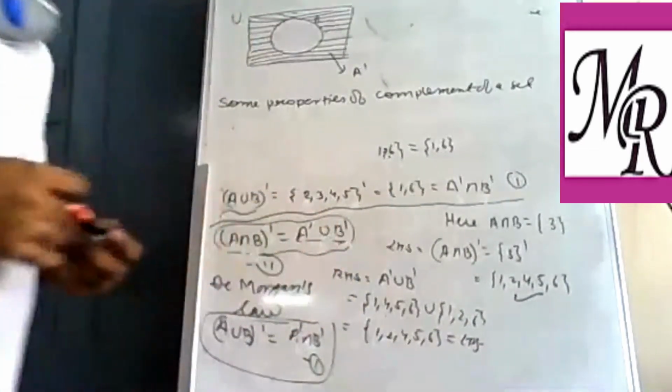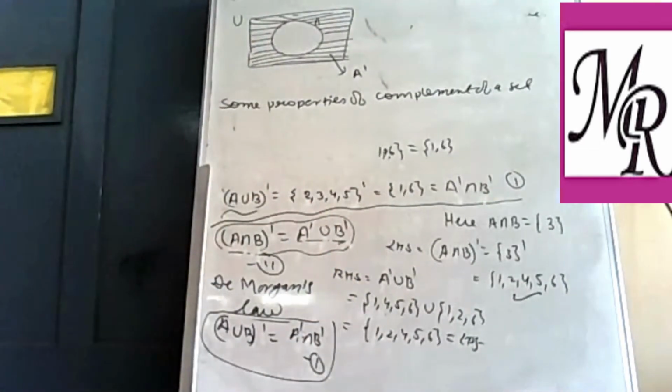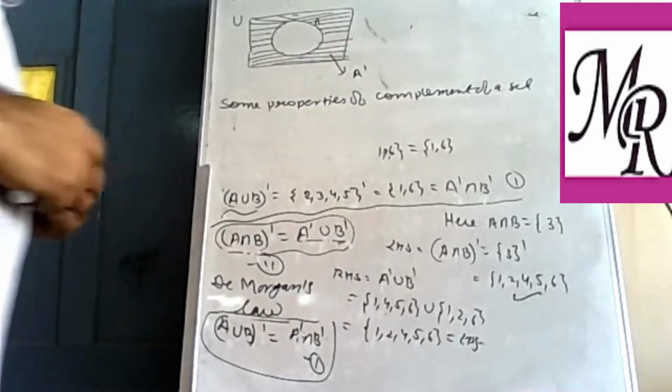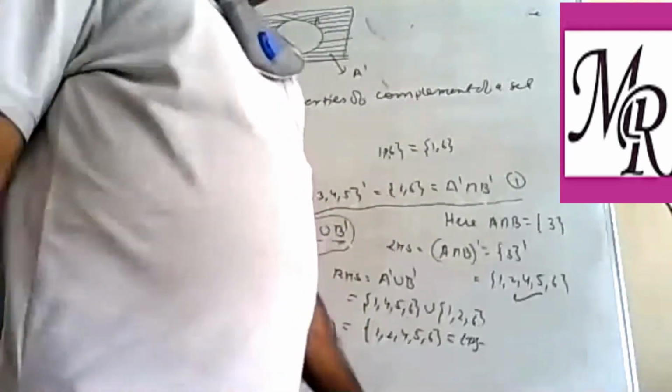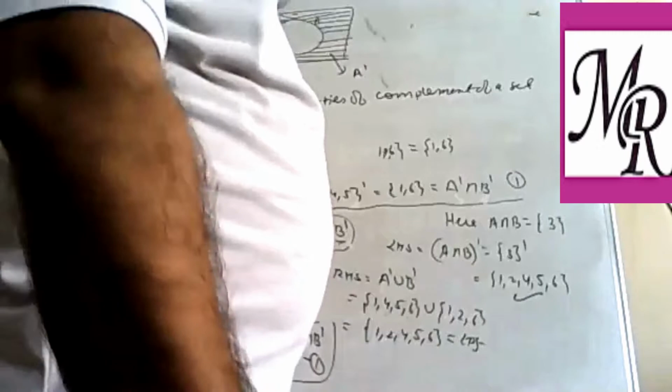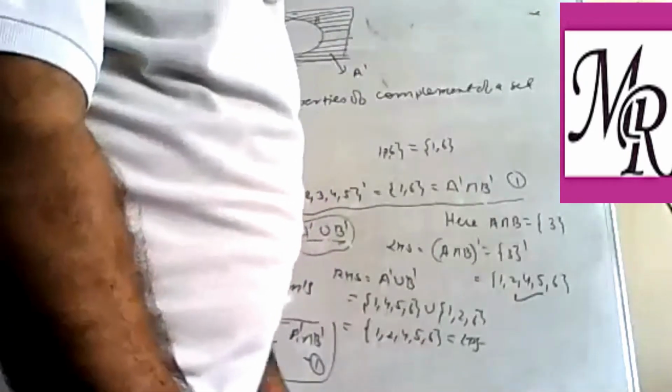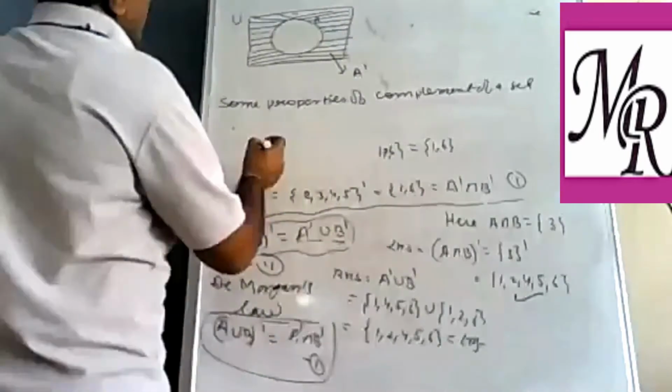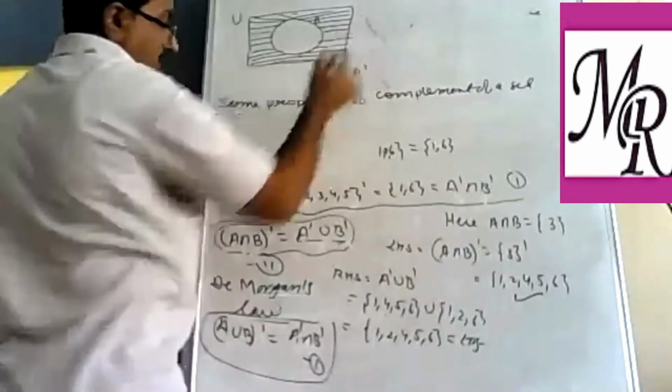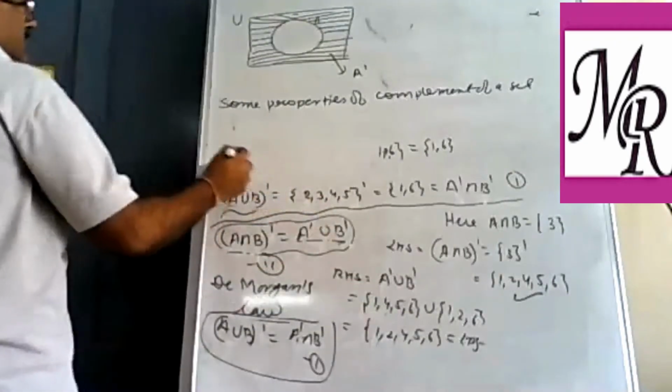Like in the case of union and intersection, here also we have some properties. First, the complement law. One more thing we have to say here: the complement of a complement, which is also the double complement.